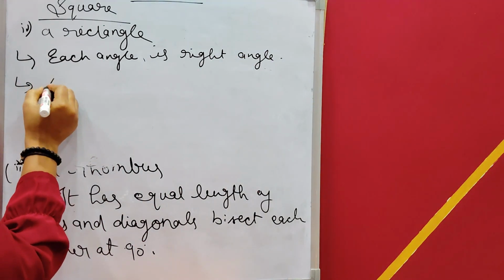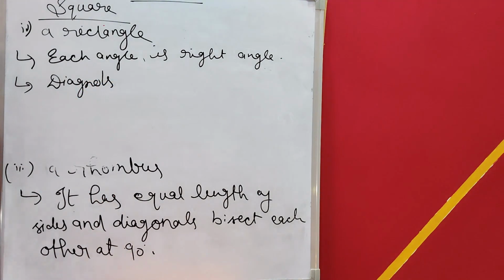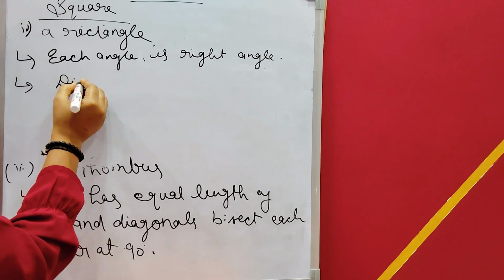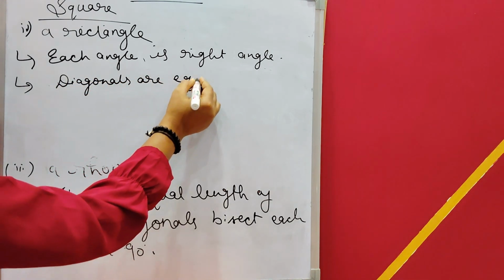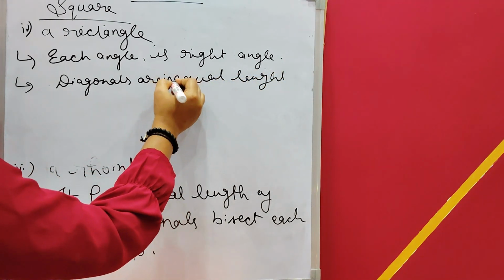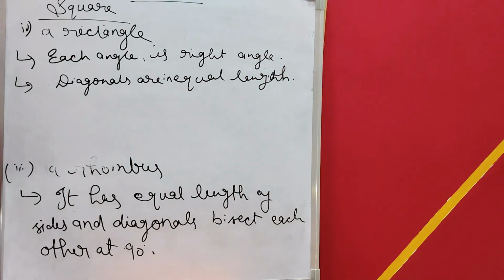Next one, diagonals are of equal length. Diagonals are in equal length. So you can prove that a square is a quadrilateral as well as a parallelogram, rhombus and rectangle also.